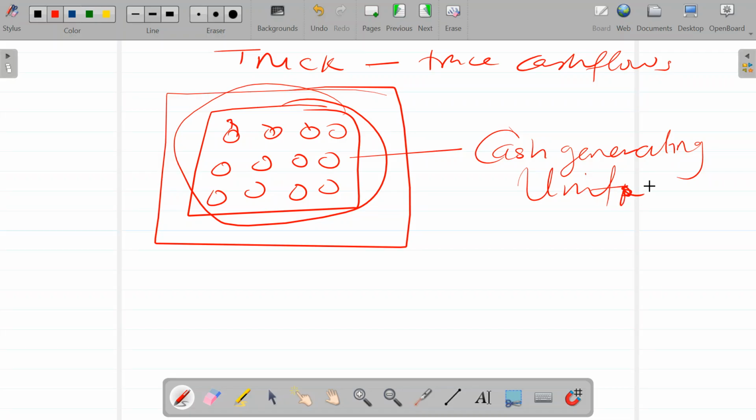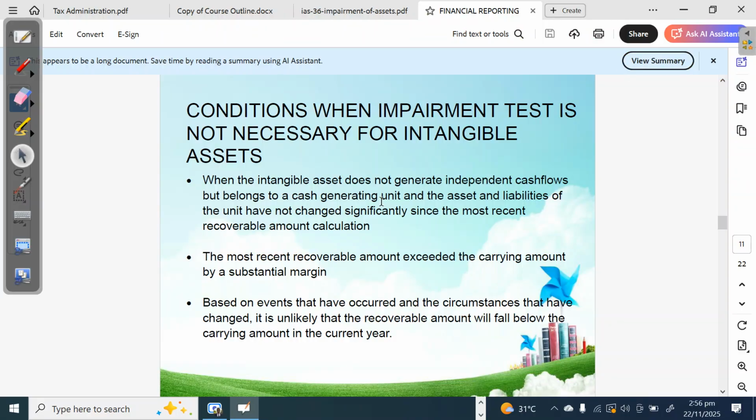So if the asset does not generate independent cash flow, you don't test for impairment. If you want to test for impairment, then you should test for the whole class of assets that asset belongs to.